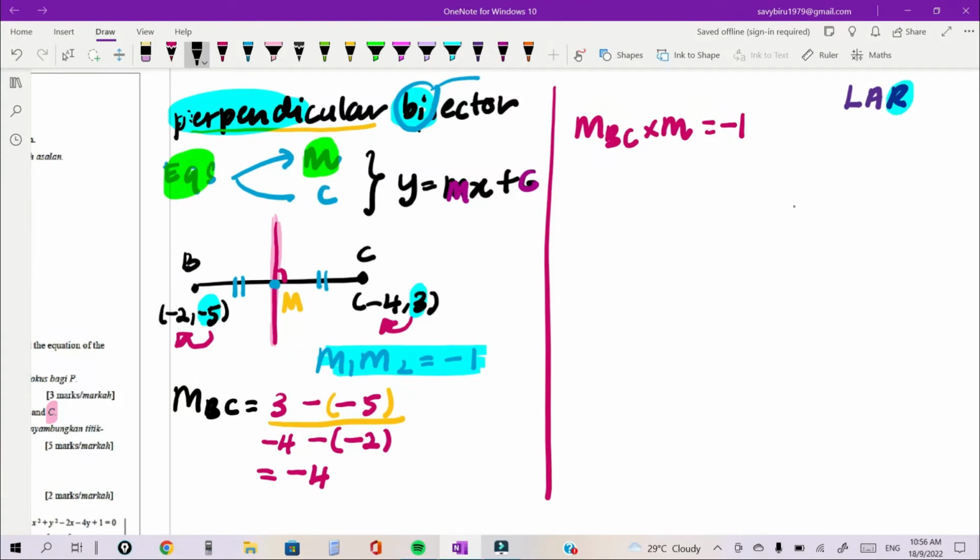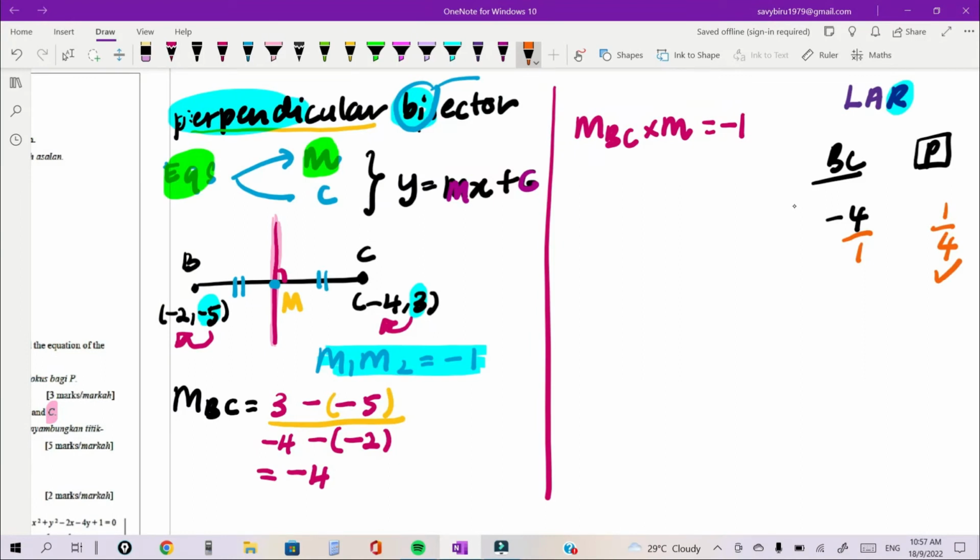So bila reverse, the gradient of BC just now is negative 4. So the gradient of the perpendicular lines, how to get it? Reverse maknanya bawah ni dia ada 1. So bila kita reverse jadi 1 over 4, terbalikkan dia. If negative, become positive. So actually the gradient of the perpendicular lines is 1/4.